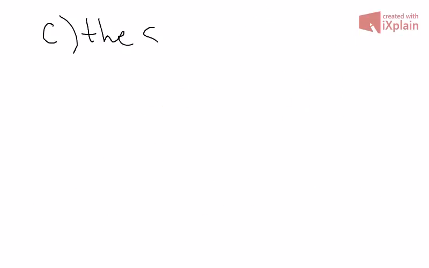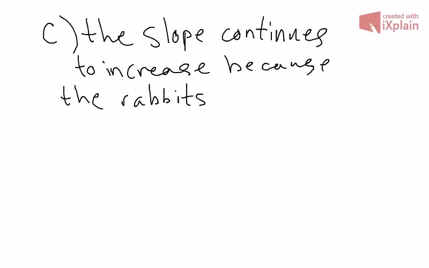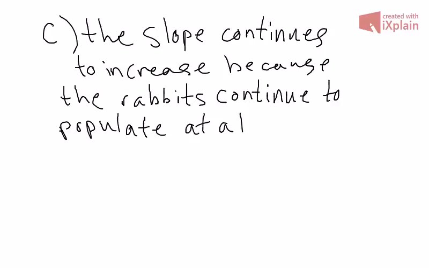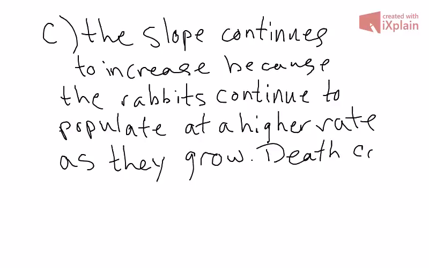In part C, it says what natural causes could lead to the shape of the graph P, and I say this, the slope continues to increase, okay? And that's because the population of the rabbits continues to grow, right? So I would say maybe the only natural cause would be some sort of death factor. These rabbits are continuing to grow, but as new rabbits come, other rabbits die off.